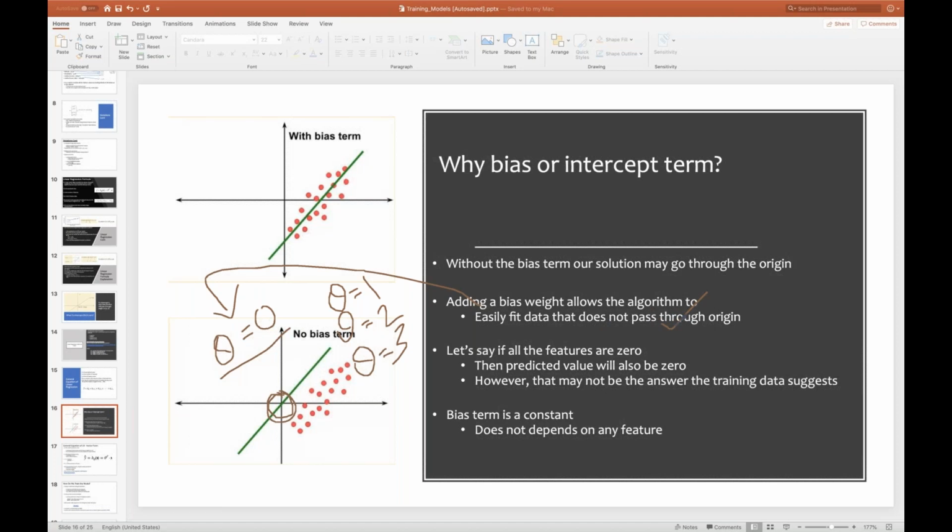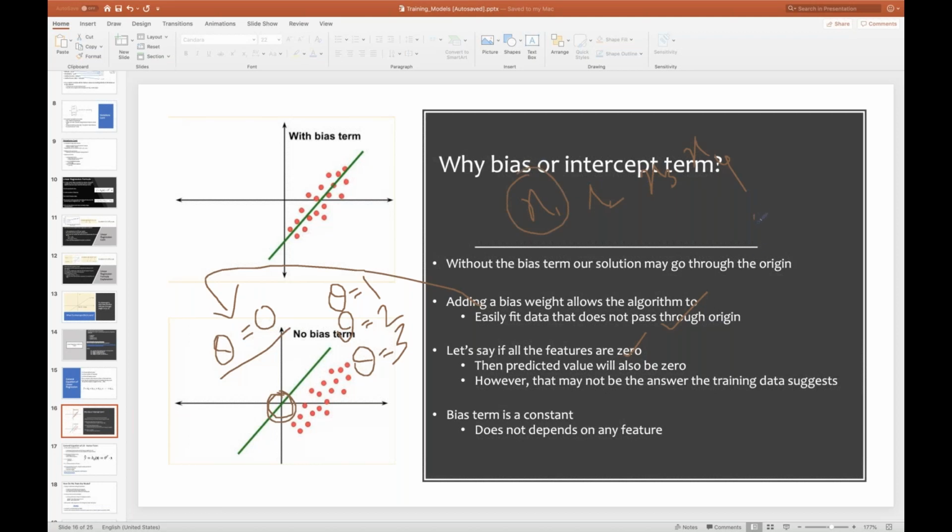Perfect. Now, let's say all the features are 0. You have x1 like longitude, x2 like latitude, inhabitants like x3, and median income like x4. These are the 4 important input features that were given to you. Just understand this is only a feature, not a feature value.